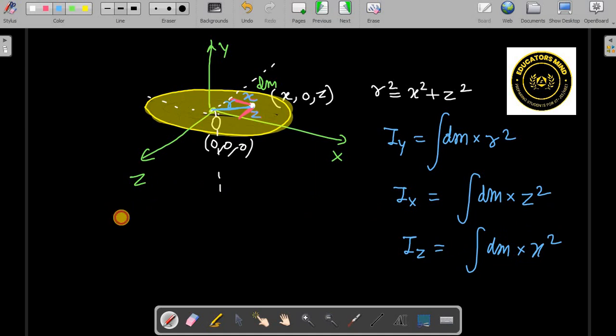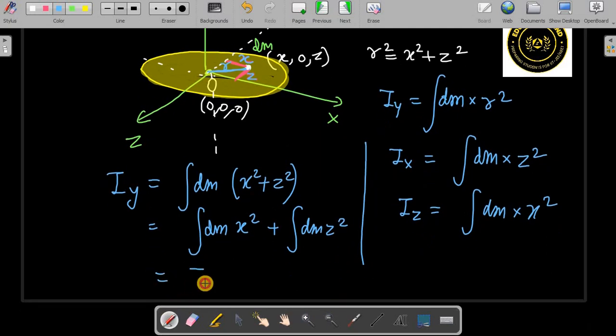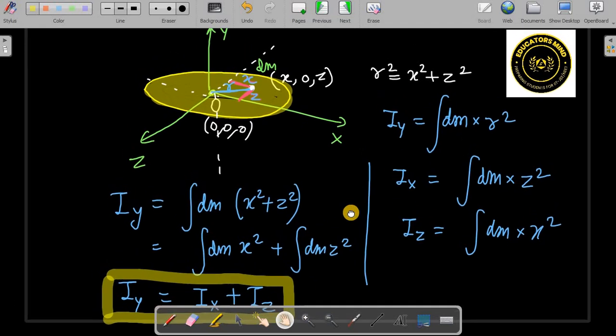So now you see I about y can be written as integral of dm r square, you can write as x square plus z square, and you can open this, so it will become integral of dm x square plus integral of dm z square. Right, so that is what it is. This is Iz and this is Ix. Right, so we can prove this perpendicular axis theorem. It is only for the planar bodies we can apply that, right?